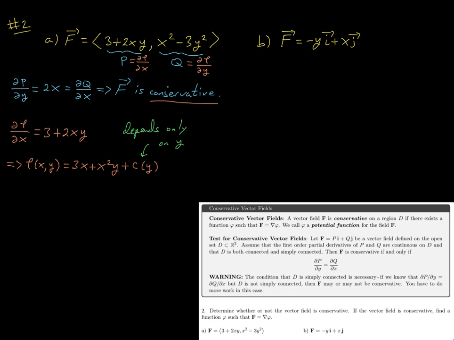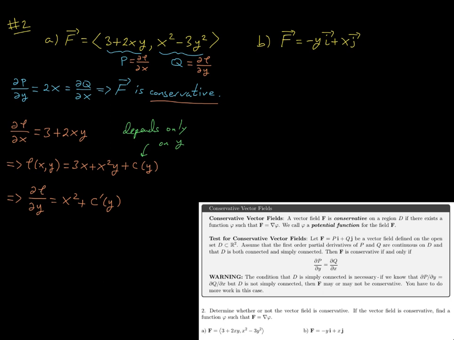So how can I go about then finding c of y? Well, what I could do is differentiate now with respect to y. So I'd get that partial phi partial y equals, the 3x has a derivative of 0 with respect to y, this gives me an x squared, and this gives me c prime of y.